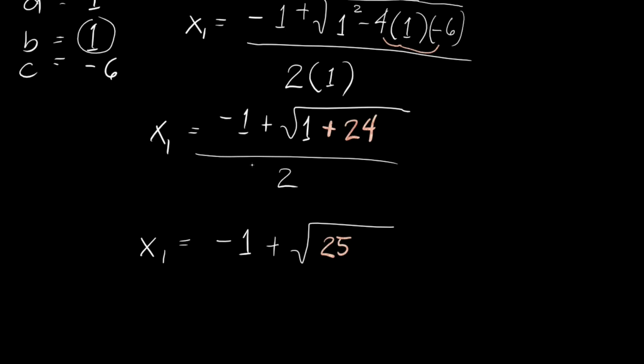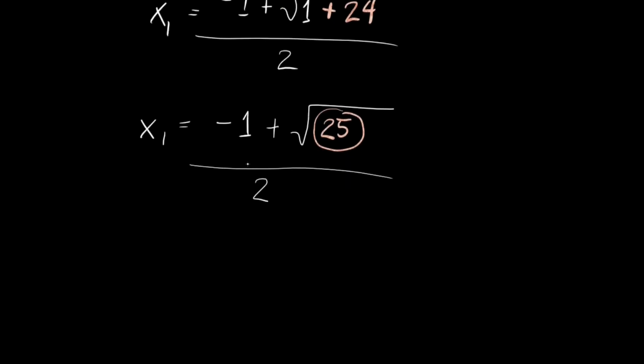Okay? So, ibig sabihin, yung value nung nasa loob ng radical mo ay walang iba kundi 25. Para hindi na natin siya isosolve mamaya. So, negative 1 plus square root of 25 all over 2. And that will be x sub 1 is equal to negative 1 plus, ano ba square root of 25? 5.